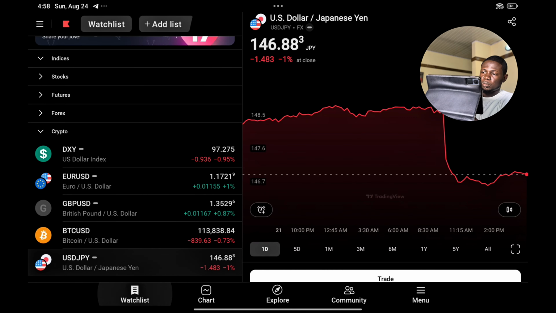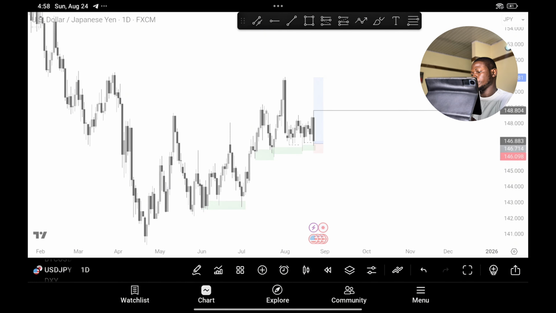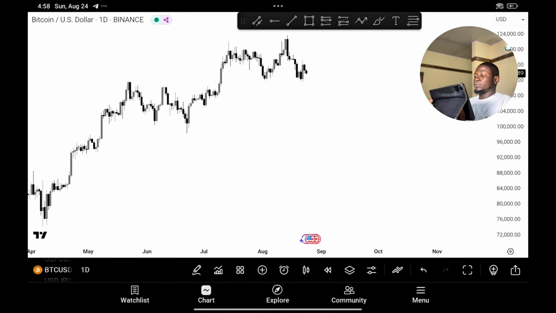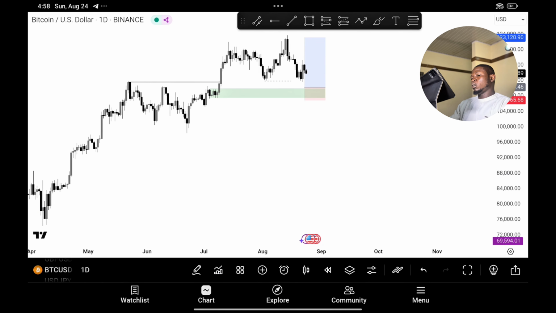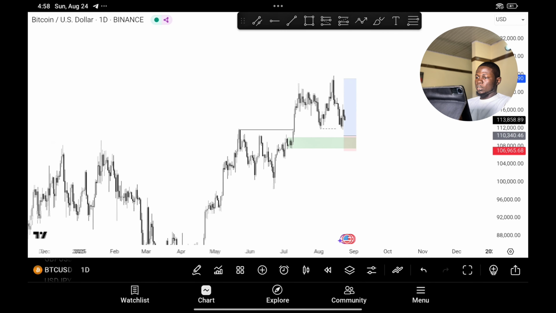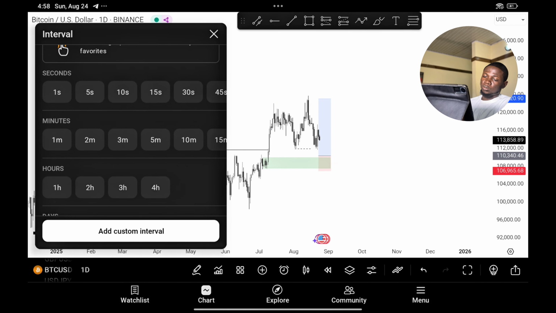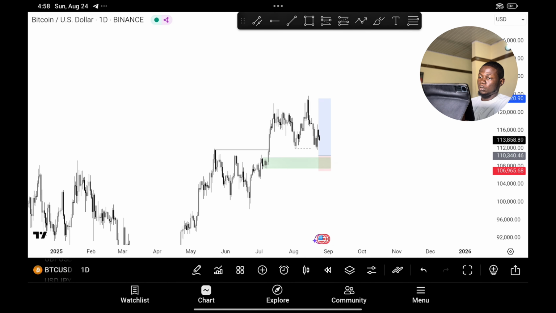Let me go over to the Bitcoin. This Bitcoin was a misentry. Honestly, I don't have any other setup for Bitcoin. I was just looking at it from last week. I missed it last week. This was what I was looking at, the long Bitcoin from the 4 hour time frame.